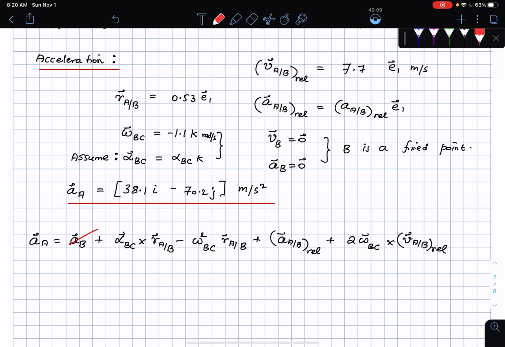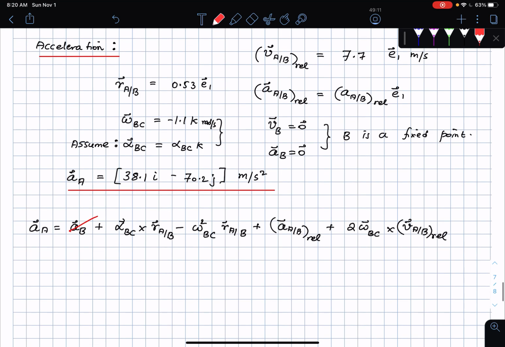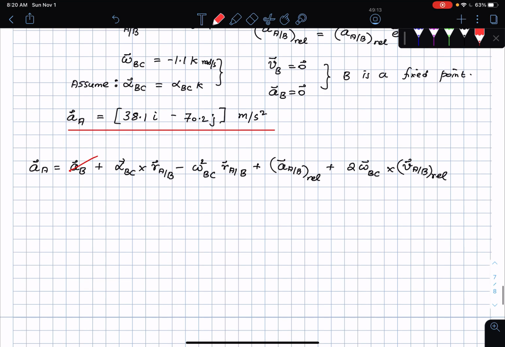Among these, only acceleration of B is gone. Start substituting. Okay, so I'm going to have the following: 38.1 I minus 70.2 J.